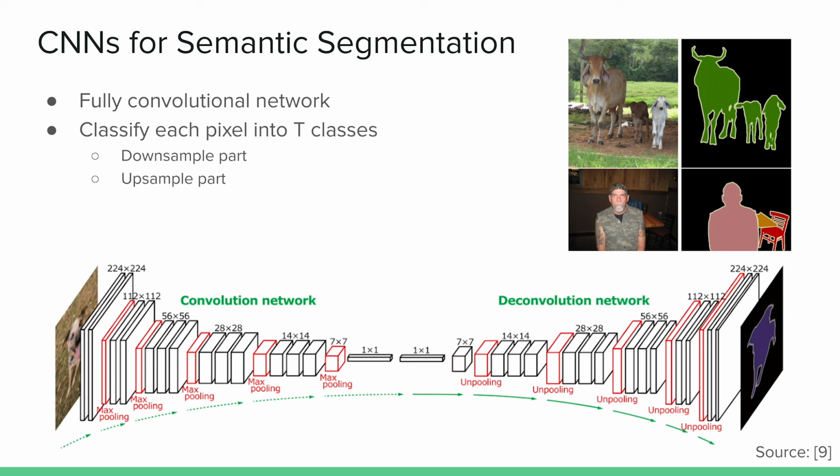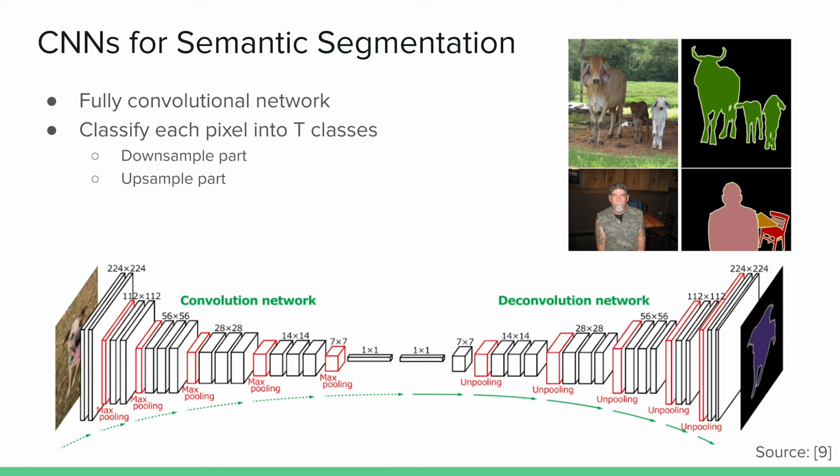And in the middle, we have something really interesting: we force the network to make a decision and say, what is this pixel? Then we do a so-called upscaling or upsampling part, where we use a deconvolutional and an unpooling layer to get back to the original input image size, but with the information which class should be there.